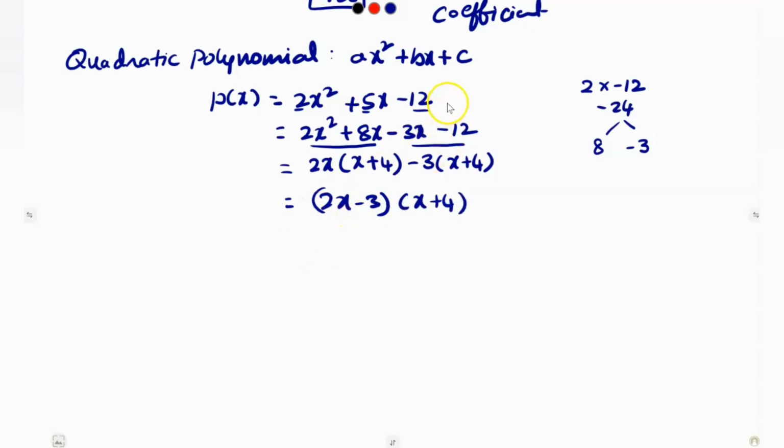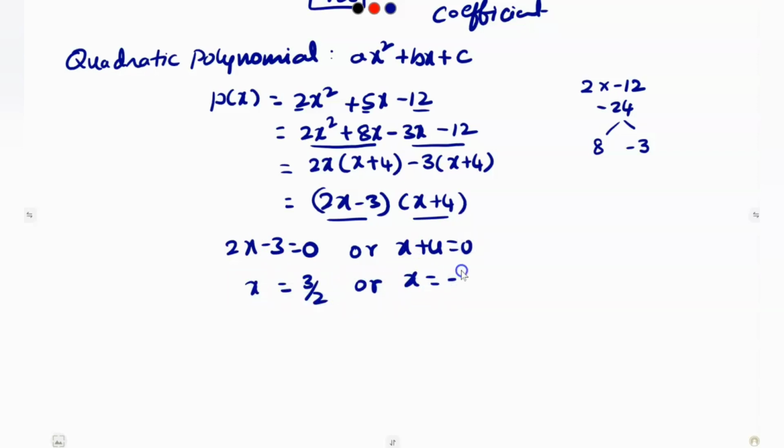This polynomial would become 0 if any one of these factors is 0. So let us equate the factors to 0: 2x minus 3 equal to 0 or x plus 4 equal to 0, from which x is equal to 3 by 2 or x is equal to minus 4. So we got the zeros of this quadratic polynomial, which are 3 by 2 and minus 4.